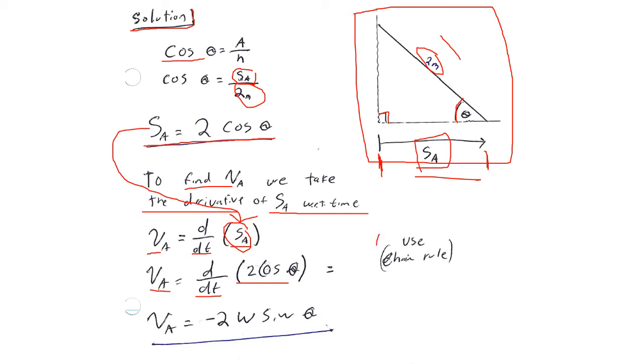To take that derivative, we can use the chain rule. We find that V sub A is equal to negative 2 omega times the sine of theta. So now we have an expression for V sub A relative to our theta term.